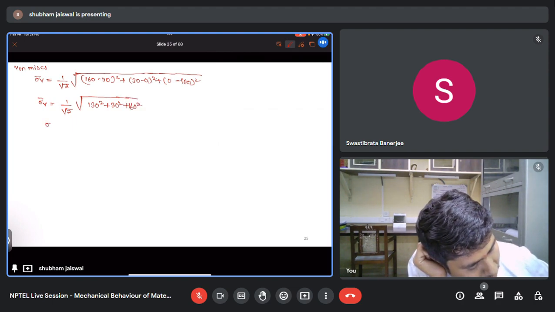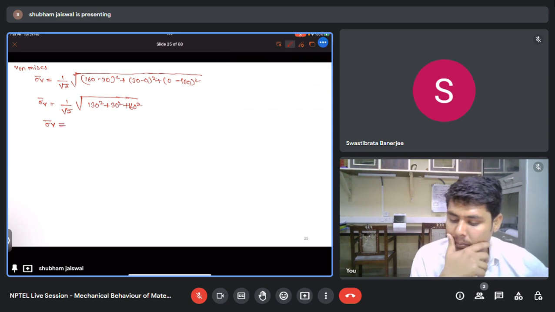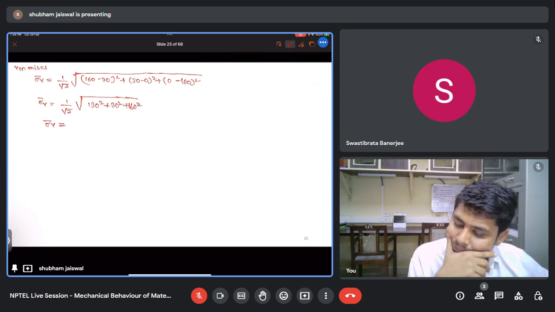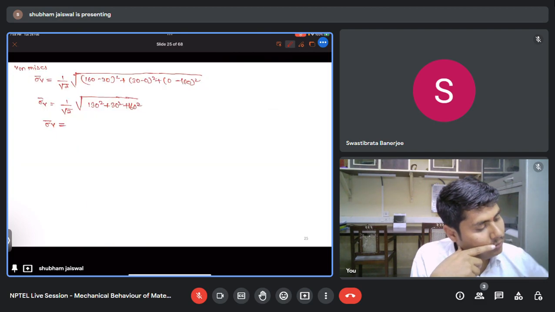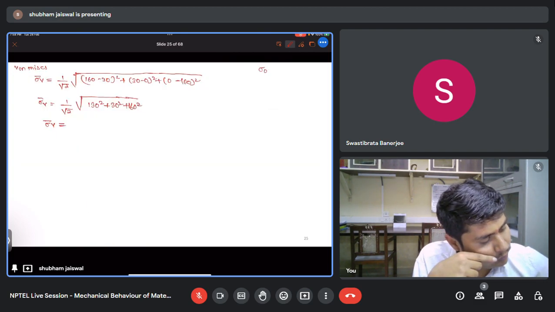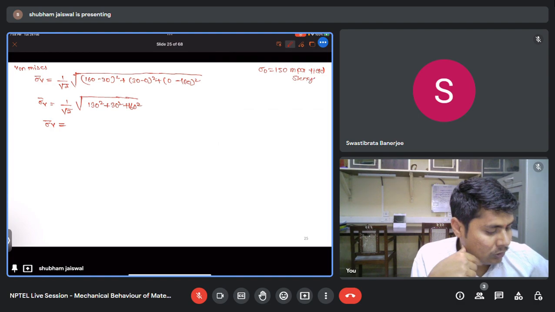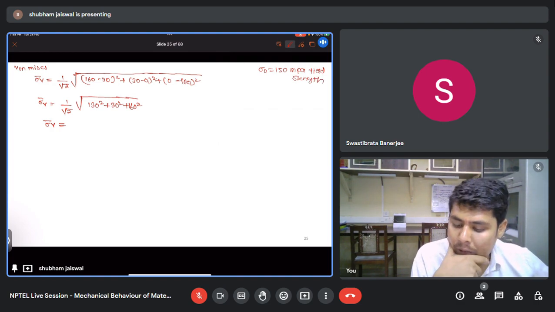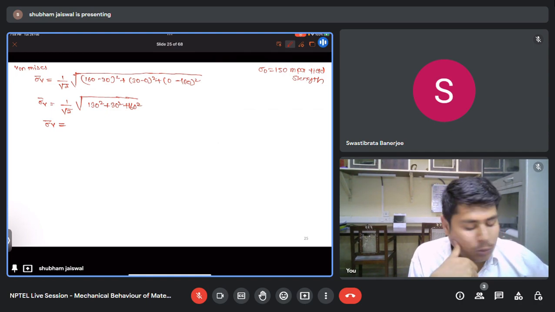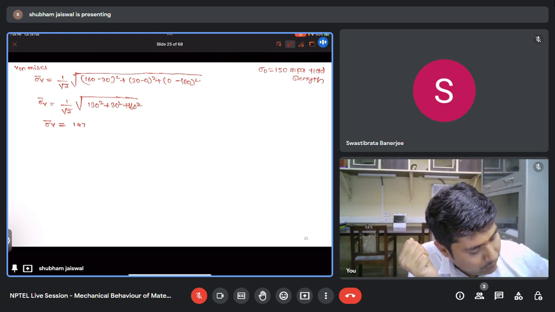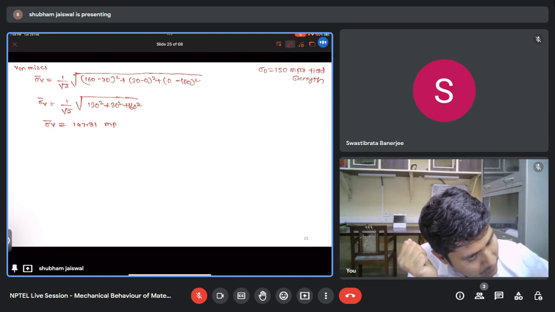How much is sigma bar V coming? It is coming out to be 147.31 MPa.